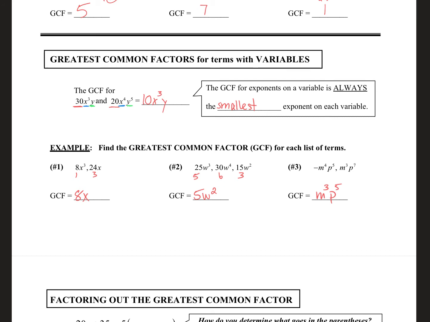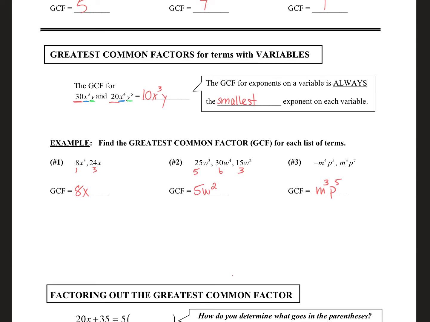So because we have that negative 1 attached there, this greatest common factor could really be negative or positive. Okay, so I just want to note m cubed p to the fifth, our GCF, could be positive or negative. Okay, so I'm just going to write a negative sign in blue to show that it could be that as well.